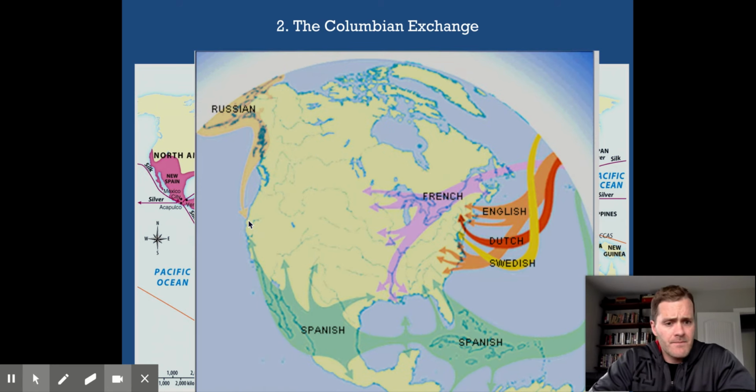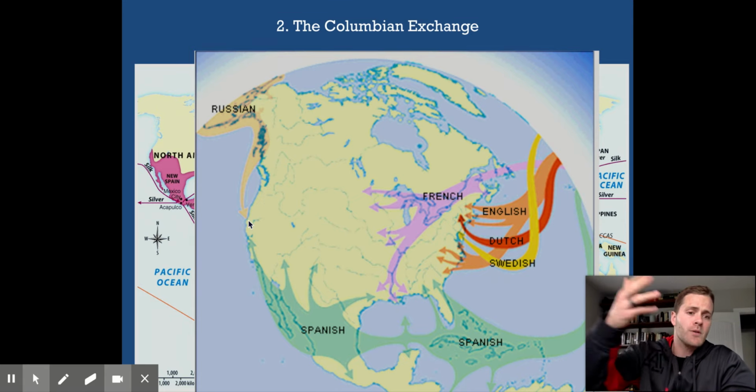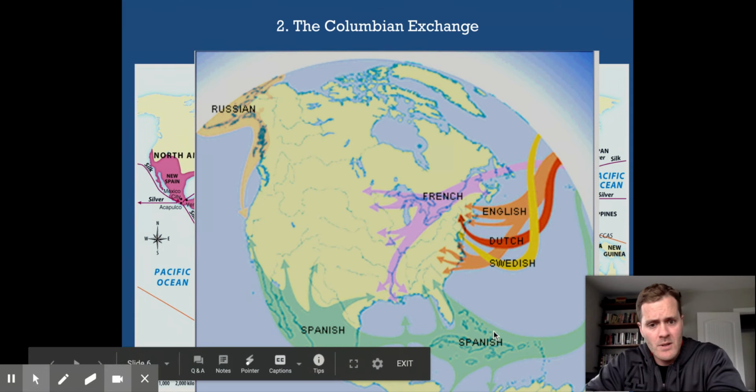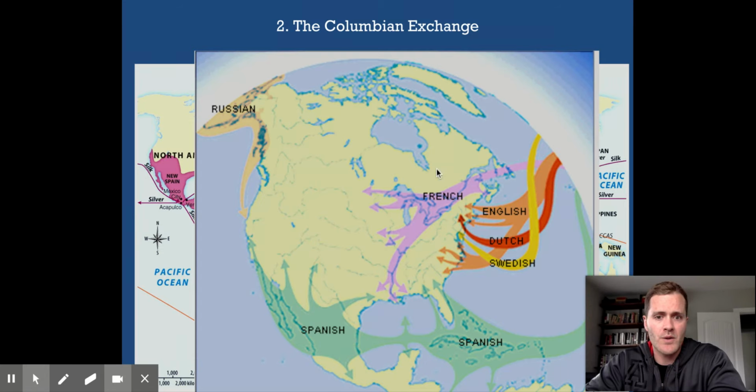But it's not just those two. In the northern parts of the New World, we, of course, see Spanish control, where we've already talked about here in the Caribbean, here in Latin America. We see eventually British control on the Atlantic seaboard. We see French control through the northeastern parts of Canada.